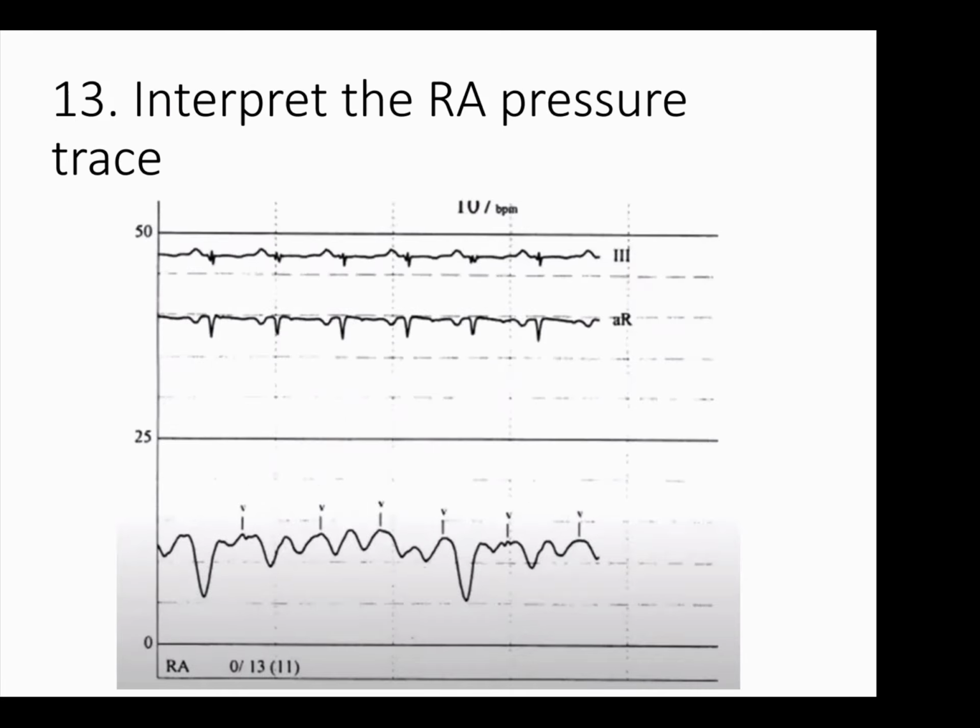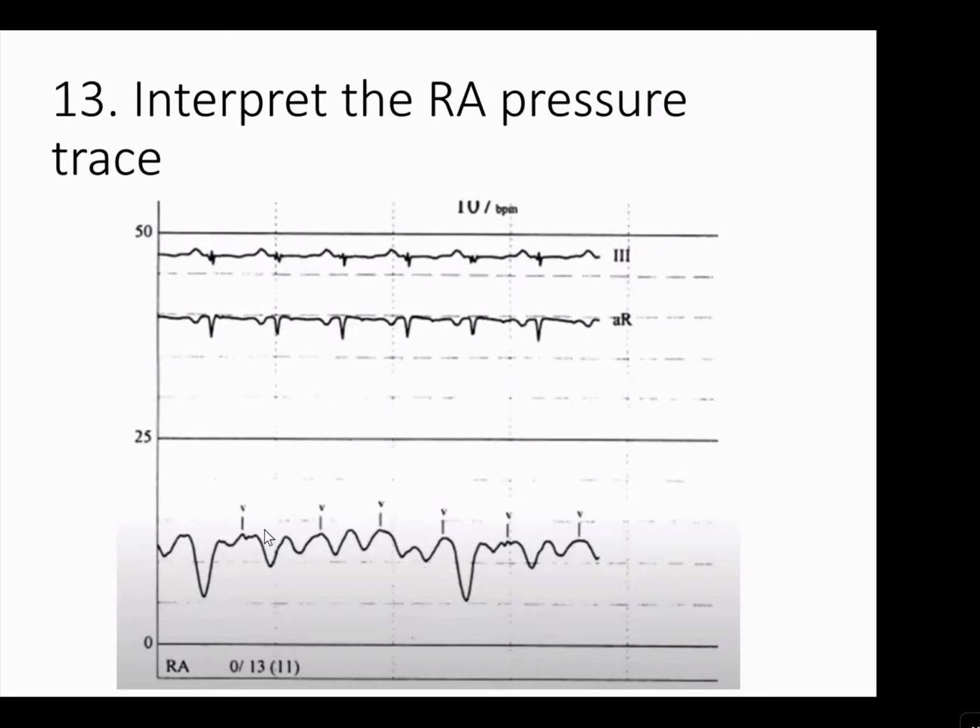So now coming here again, interpret the RA pressure trace. Here intermittently you are seeing the prominent Y descent.